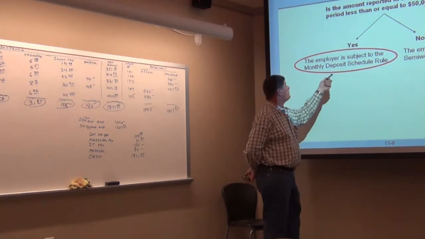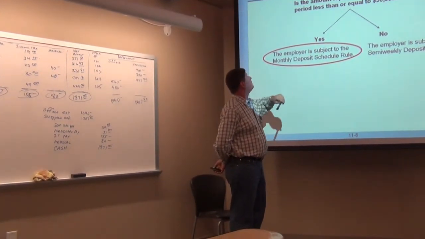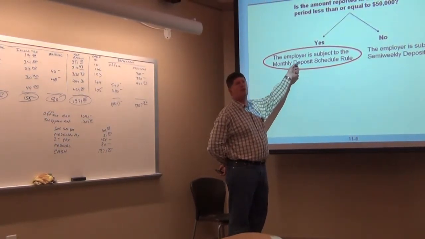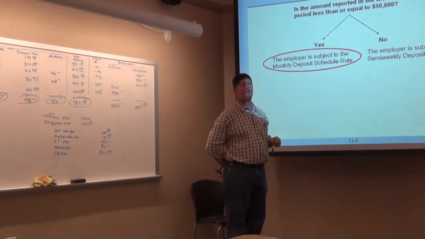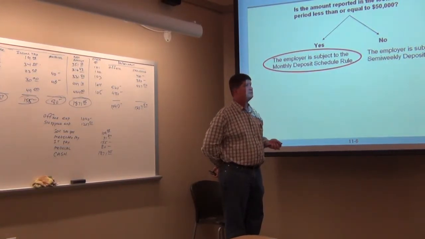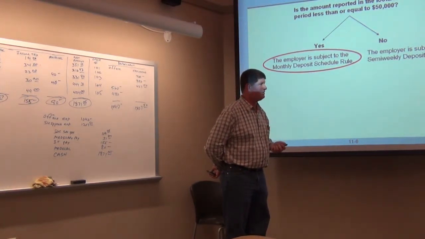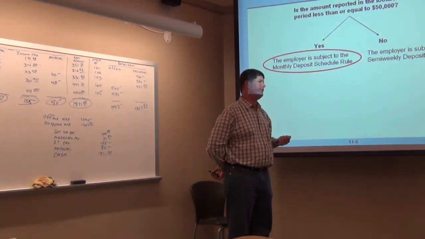If it's more than $50,000, you're what's called a monthly deposit. I'm sorry, am I reading this backwards? Is it less than $50,000, you only have to pay once a month. If it's more than $50,000, you got to pay every 2 weeks. Doesn't semi mean half? Semi's half. I just said every 2 weeks. I apologize. So twice a month, 1st and 15th. Thank you. Semi-weekly.